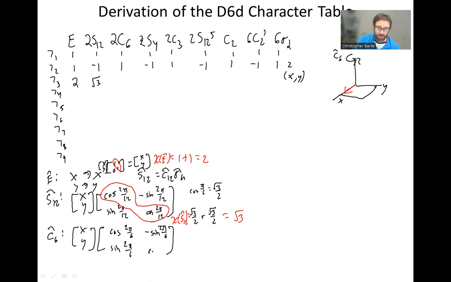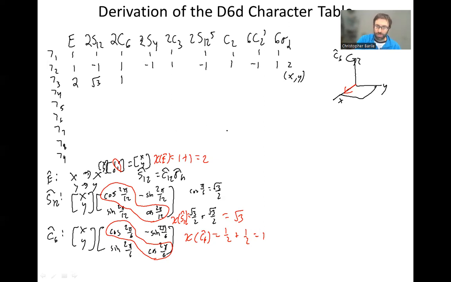And so now your value here, well, cosine 2 pi over 6 or cosine pi over 3 is equal to 1/2, right? And so chi of C6 is equal to 1/2 plus 1/2, which is equal to 1. All right, so our character for this class is 1.